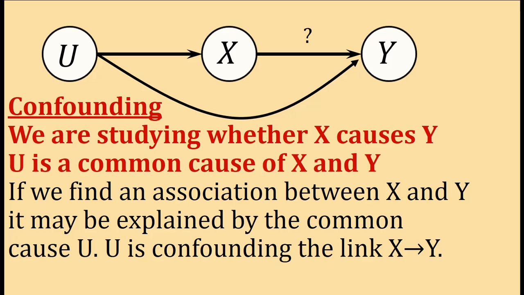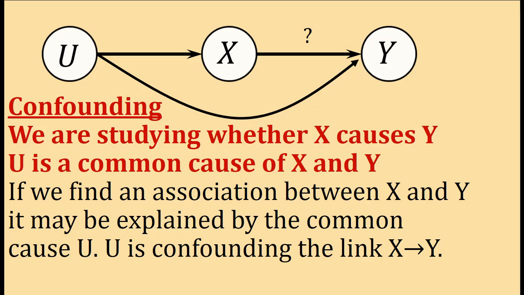Because if this is the case, we try to find a link between x and y, and the fact that u is causing changes in x and causing changes in y at the same time is what we call confounding.